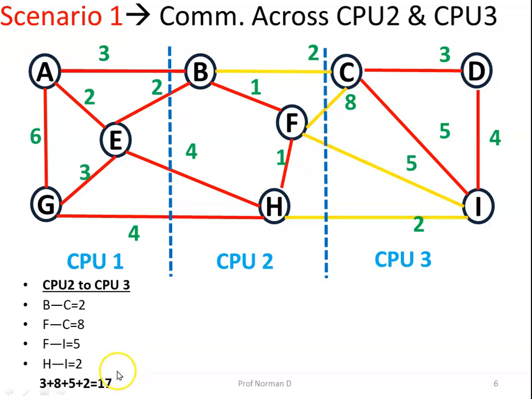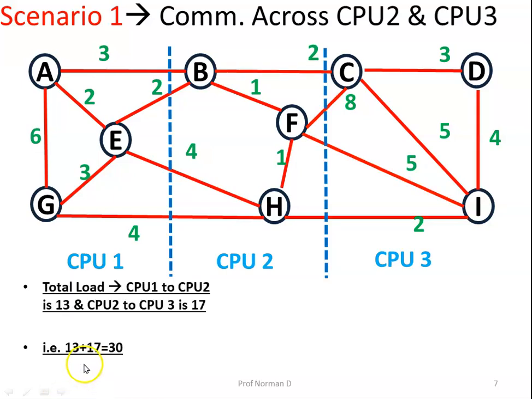So the total value comes to 17. So now in this scenario, when we calculate the load across CPU 1 and CPU 2, we got the value as 13, and the load between CPU 2 and CPU 3 was 17. So the total load in this particular arrangement is 30 units.